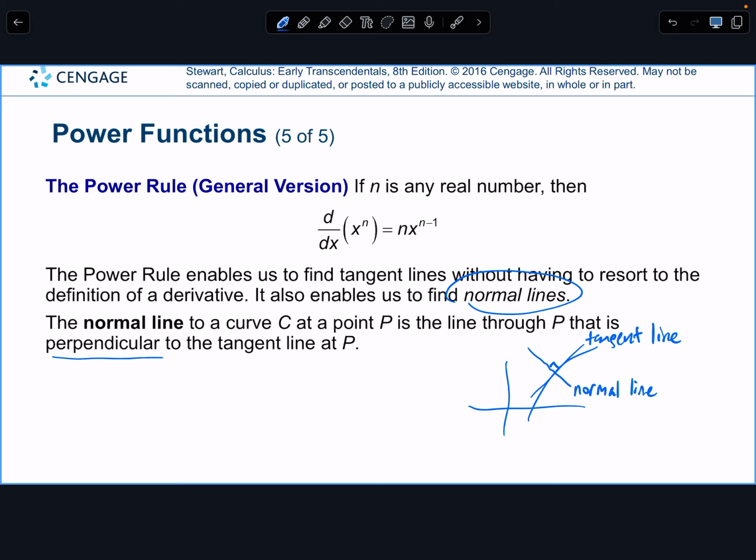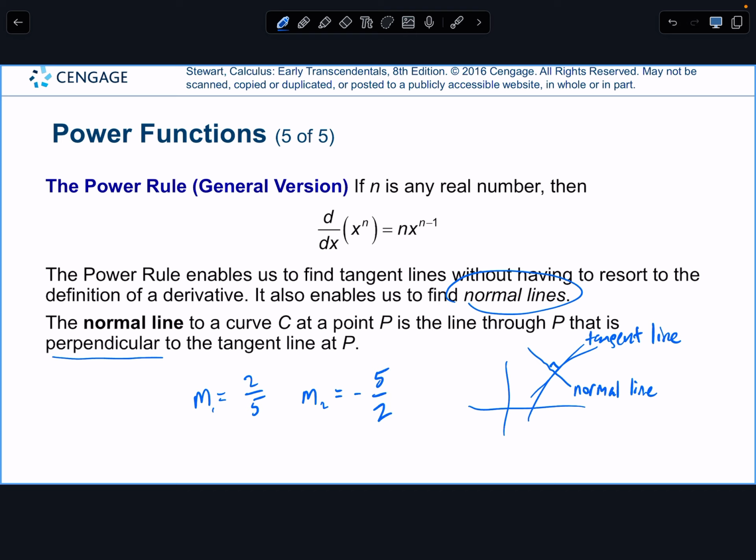And so in the homework, for example, you will be asked to find both of those lines. And I think we realize, but just to say, if the slope of the tangent line, M1, was 2 over 5, who remembers what the slope of the normal line would be, therefore, because it's perpendicular? What would be the perpendicular?